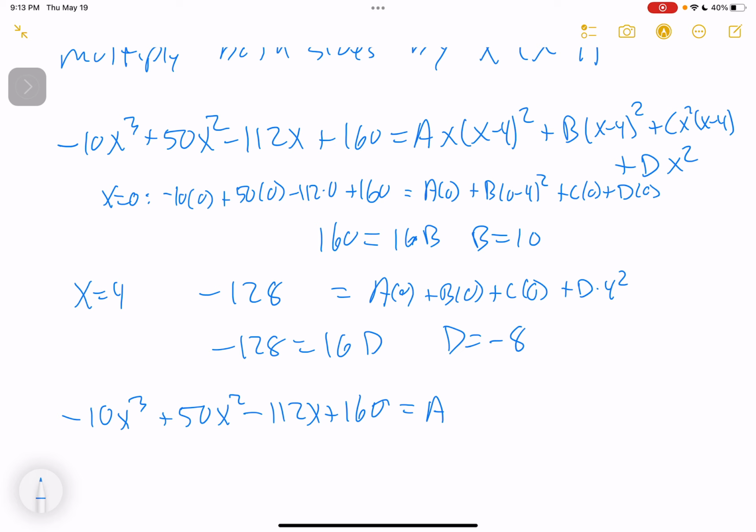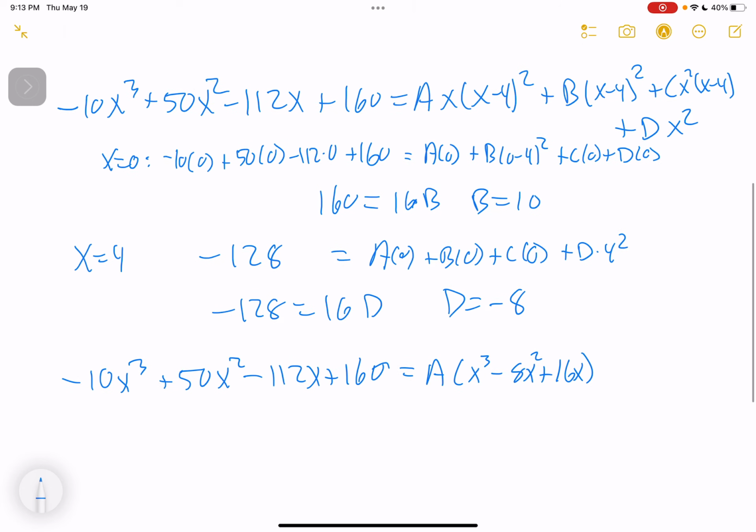So that's a times x cubed minus 8x squared plus 16x. Plus b times x squared. We know what b is, don't we? 10 times x squared minus 8x plus 16.